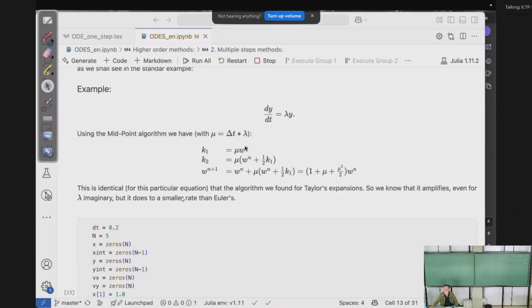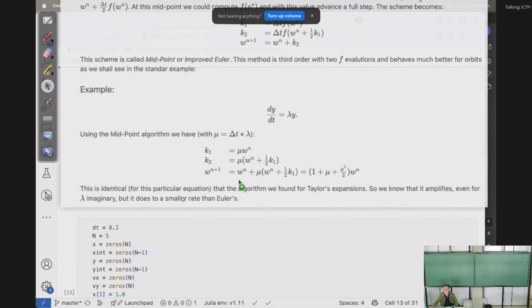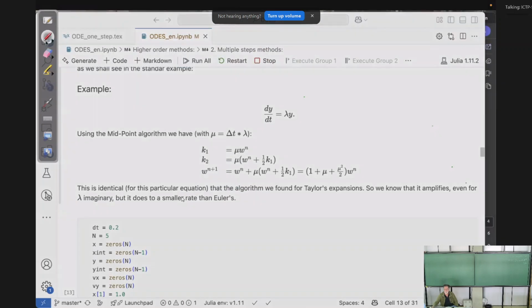K1 is just mu, which is delta t times lambda times Wn. K2 is this in here with the K1 here. And so the whole method is like this. And this you can write like that.